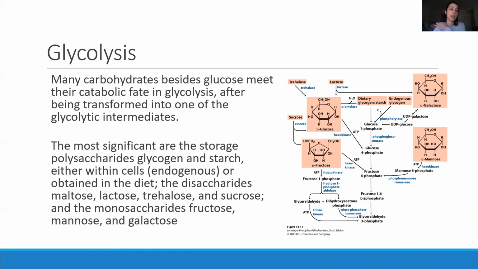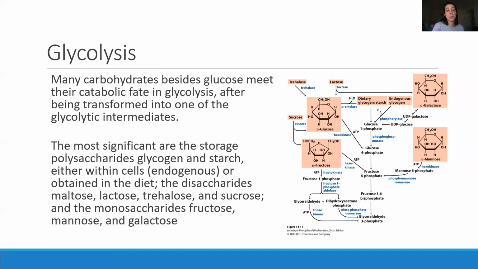Now, I know I started this conversation talking about glucose, but I want to be clear that many carbohydrates besides glucose can actually lead into glycolysis. So, most sugars that you consume eventually are going to meet their breakdown fate in the glycolysis pathway.